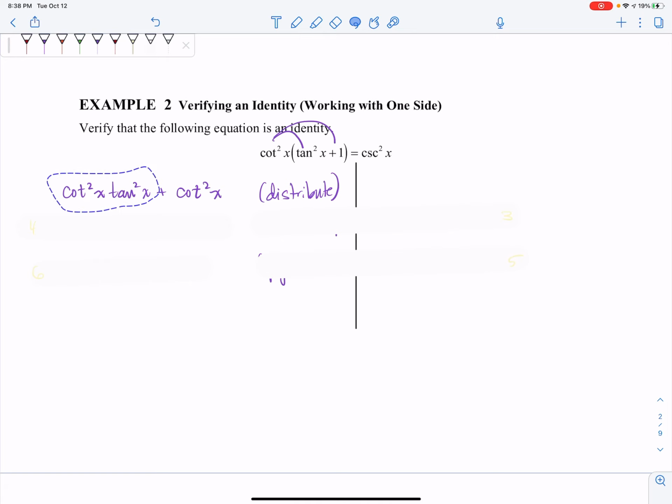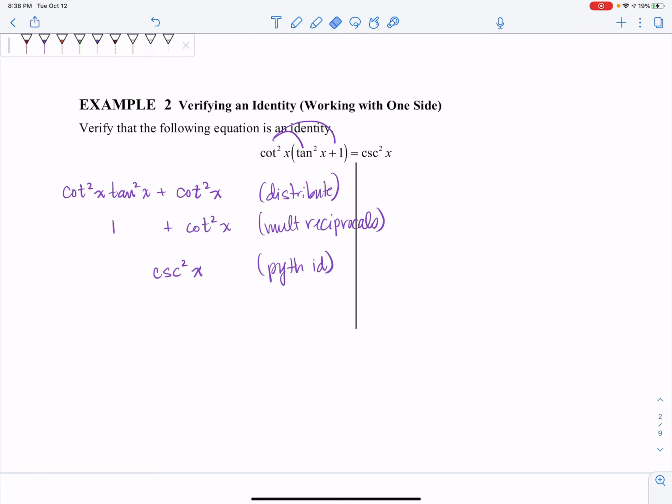These guys are reciprocals of each other. So when I take a pair of reciprocals and multiply them by each other, think about what is always going to come out. And so when I multiply these reciprocals, I'm going to get 1. I just copied down the cotangent squared. But 1 plus cotangent squared is going to be the same thing by the Pythagorean identity as cosecant squared, which is matching the other side.